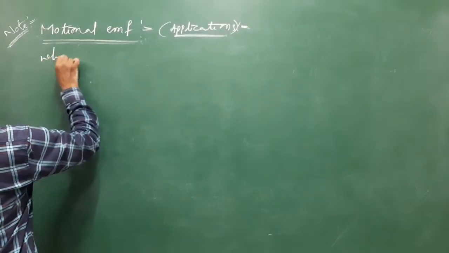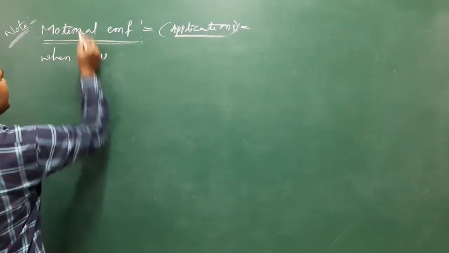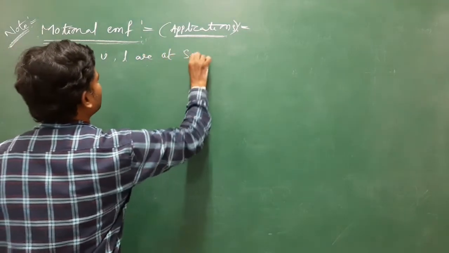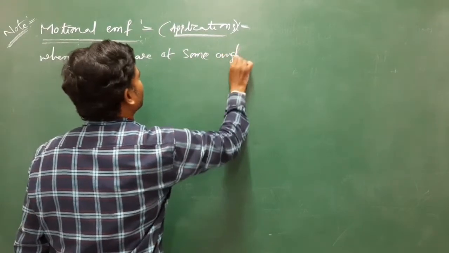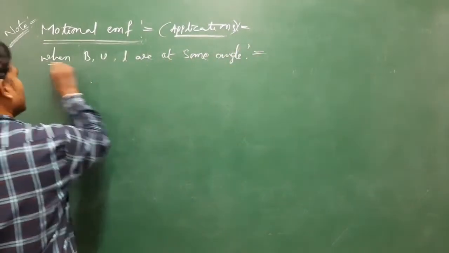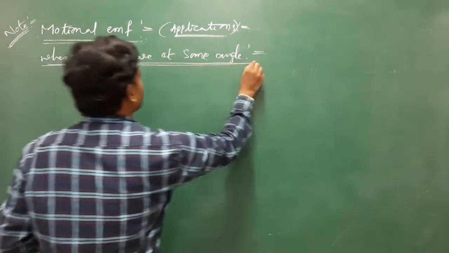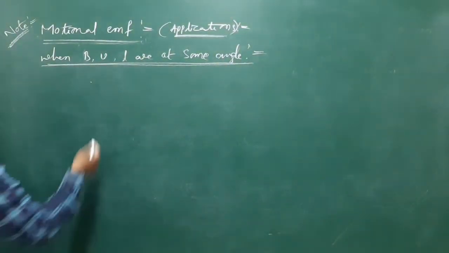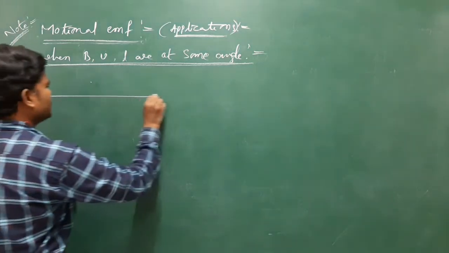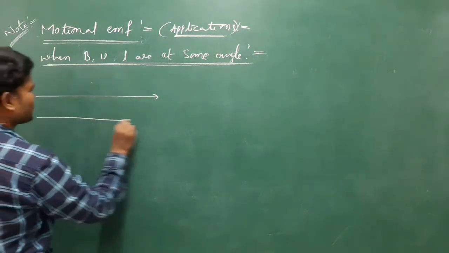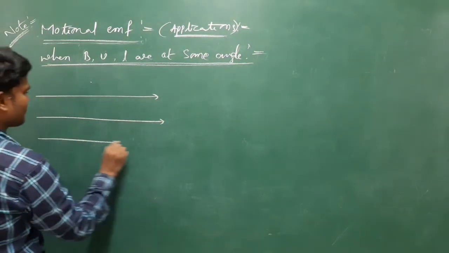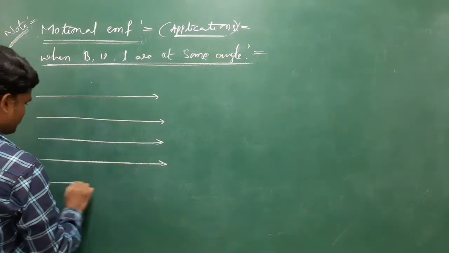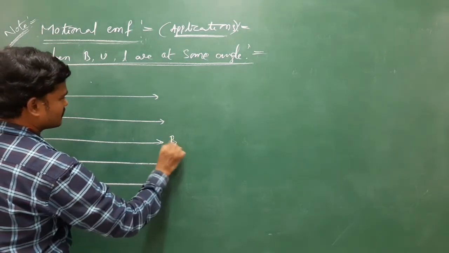When B, v, and L are at some suitable angles. These are the magnetic field lines.